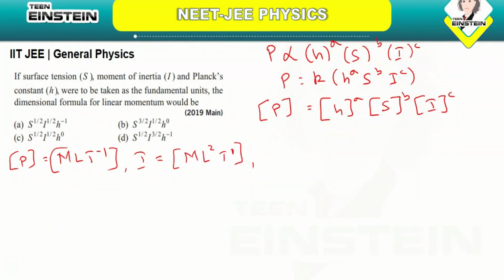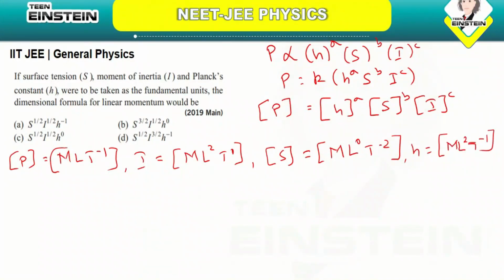So this is for inertia. And next is surface tension. You will be having it as force into length, so it will be M L0 T power minus 2. Okay. And the next one will be h. h is Planck's constant. So you will be having h is equal to M L square T power minus 1.